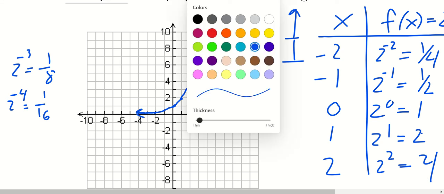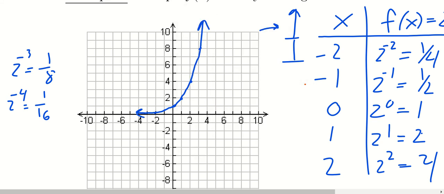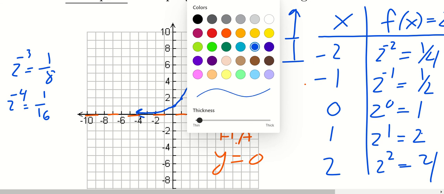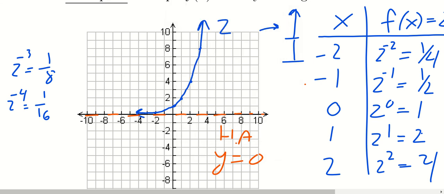So it turns out that these functions will have horizontal asymptotes, and for this particular function, it's going to have a horizontal asymptote of y equals 0. And the reason for that, as we just mentioned, is that as x approaches negative infinity, the values of the function will approach 0. This is a very important type of graph. We want to memorize this one. This is the graph of 2 to the x.